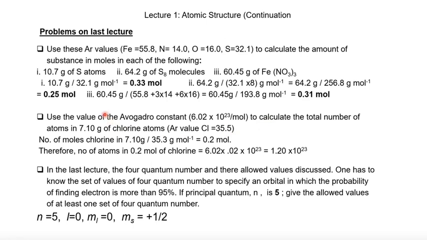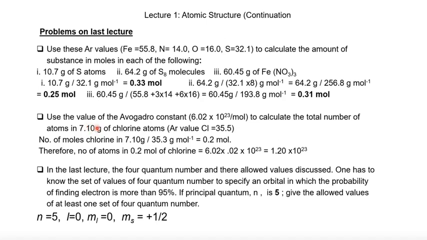Another question was to use the value of the Avogadro constant. This constant is given here, 6.02 times 10 to the power 23 per mole. Then we are asked to calculate the total number of atoms in 7.1 gram of chlorine atoms. That means we have to find out how many atoms we have here.